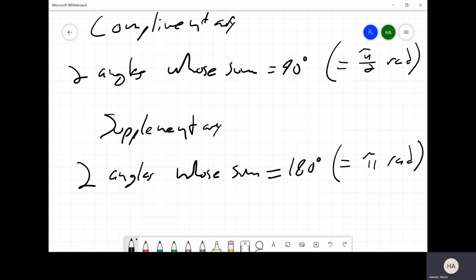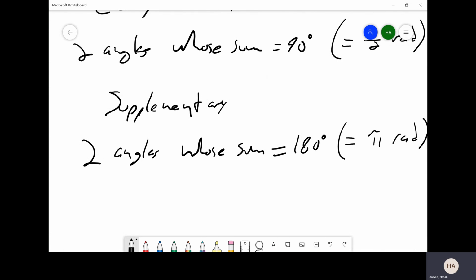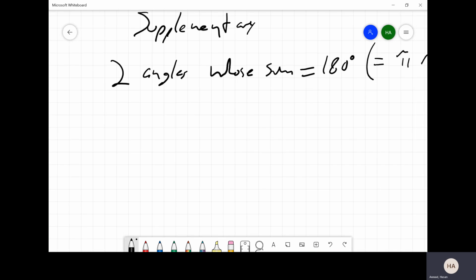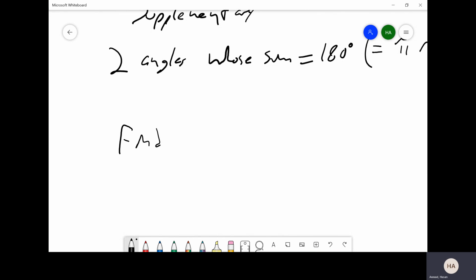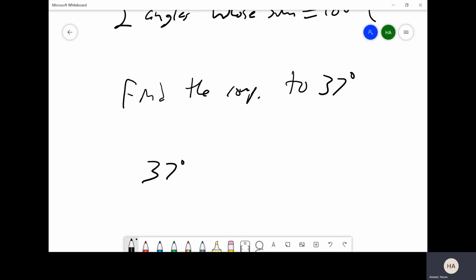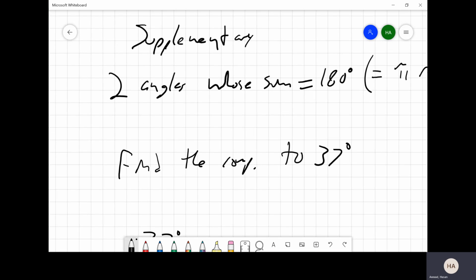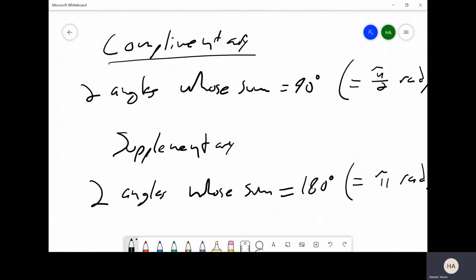If I said, for example, find the complement to 37 degrees, how would you handle this? Find the complement, which I'm abbreviating, to 37 degrees. How do we handle this? Well, we know that we're talking about a sum of two angles, right? When we're talking about complementary or supplementary, either way, the key word is it's a sum of two angles.